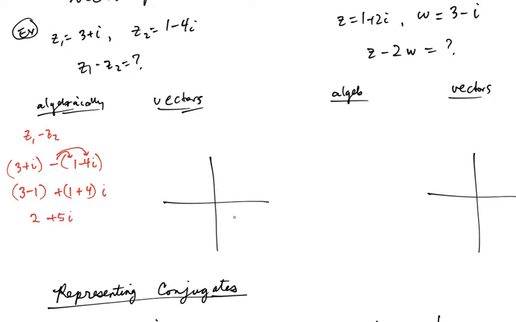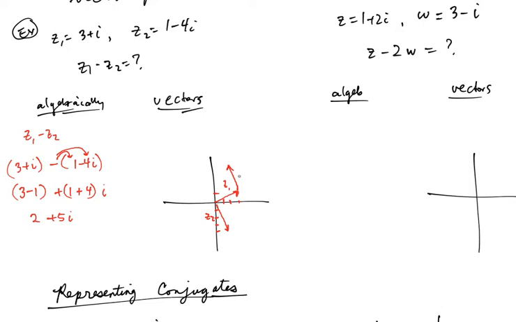And if I were to use vector methods to do this, z1 would be 3 plus i, so it would be 1, 2, 3 plus 1. That would be z1. z2 would be 1 minus 4i, so it would be 1, then 1, 2, 3, 4. That would be z2. Now what is z1 minus z2? I have to take z2, flip it, and then add it to z1.